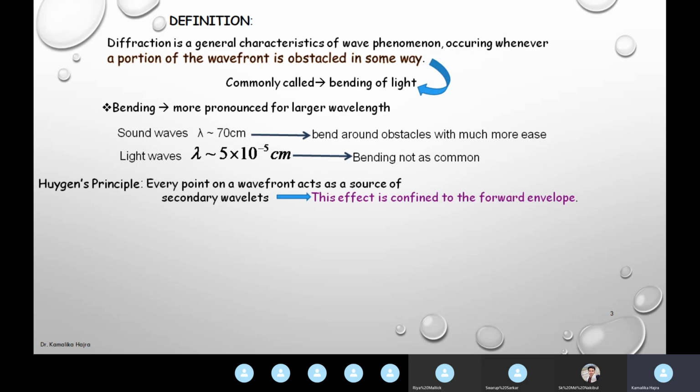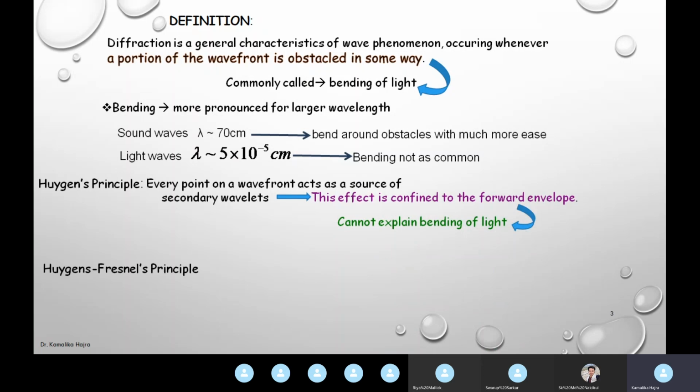Remember, Huygens principle does not say anything about the backward envelopes, about what happens to the portions of the wavelets that do not overlap. So it is not sufficient to explain bending of light.